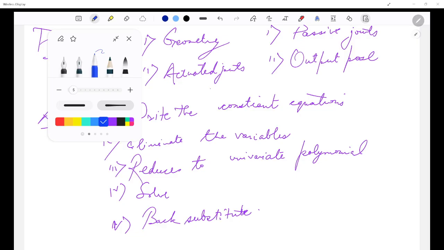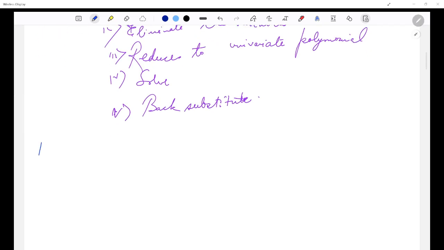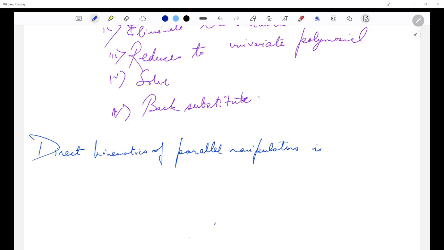This is the general statement. Direct kinematics of parallel manipulators is much harder than that of serial manipulators.